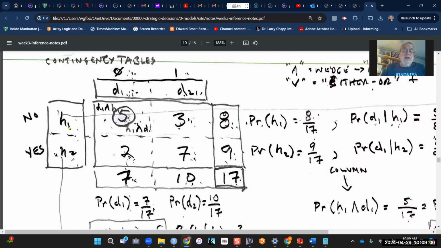Or we could do it the other way around. We can go from no and D1. That's called commutativity. It's commutative. We get the joint number of ways in which this might happen. Now, where are these coming from? They're coming from observations.